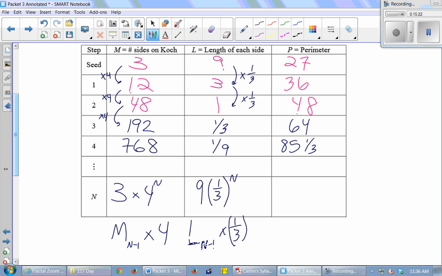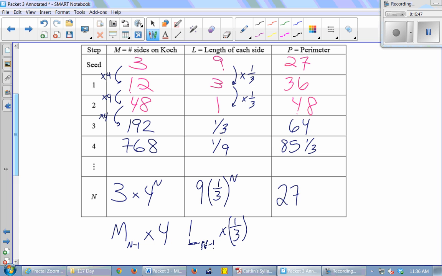All right, and then for perimeter, how are we generally figuring out perimeter? M times L, yeah. The number of sides times the length of each side. So if I use my formulas, I can actually multiply these together. What's 3 times 9? 27, right? Because this is all multiplication, so I can do the multiplication in any order.